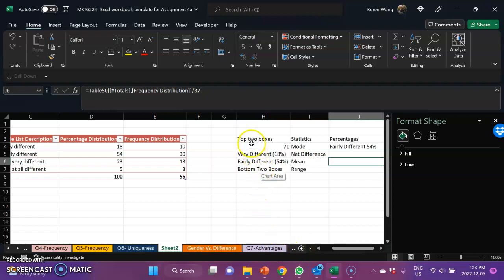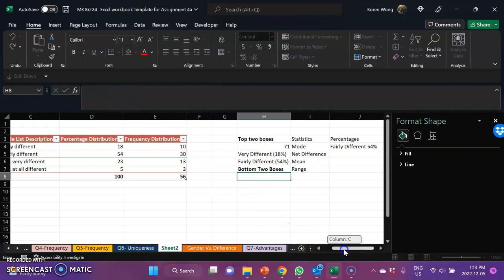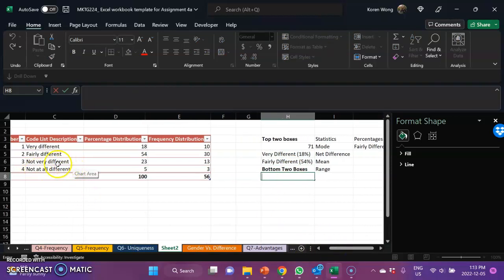How to calculate the bottom two boxes? Same thing as calculating the top two boxes. This one we will only know the downfall of it, the disadvantages of it.